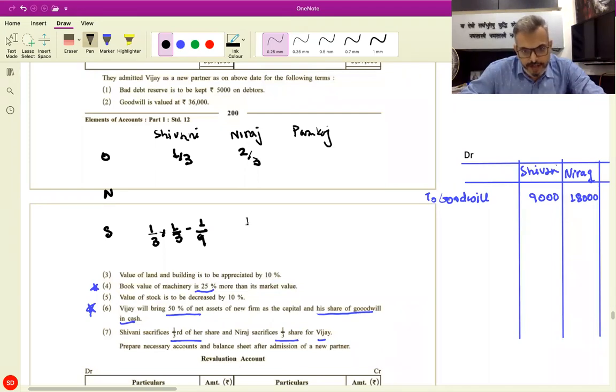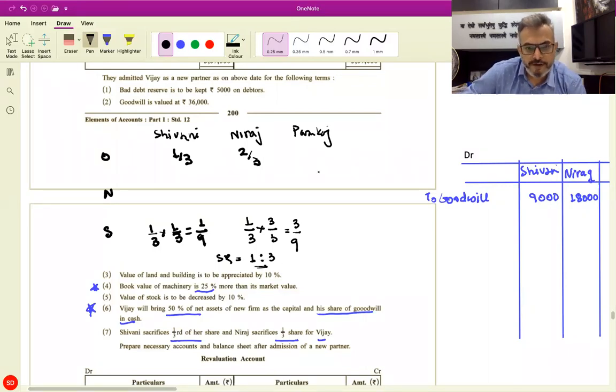So Neeraj has directly sacrificed 1/3 of his share. Now, if we want to make the denominator the same, what we have to do is multiply 1/3 by 3/3, which comes to 3/9. So now the sacrifice ratio is equal to 1:3.